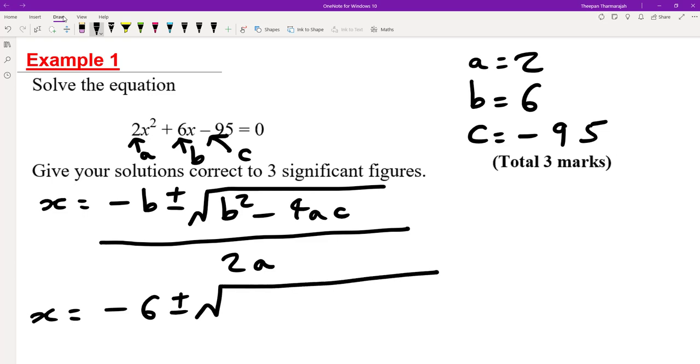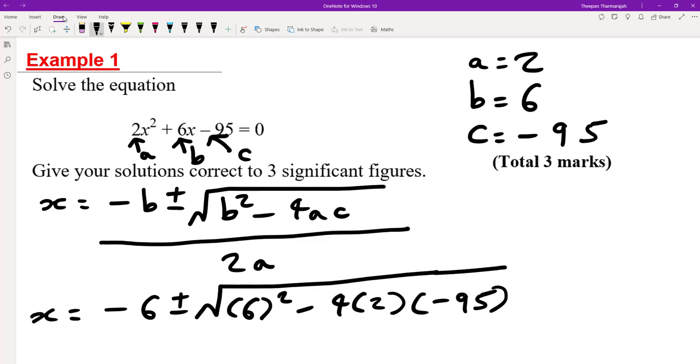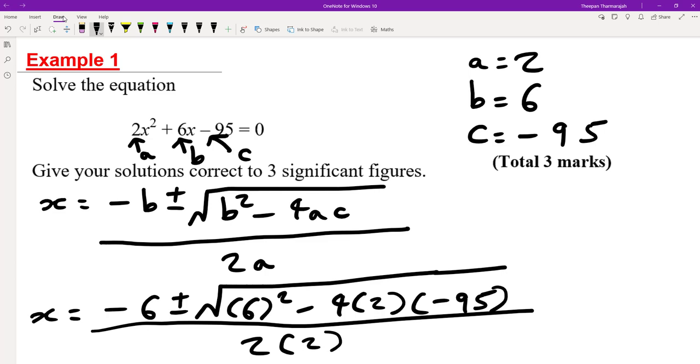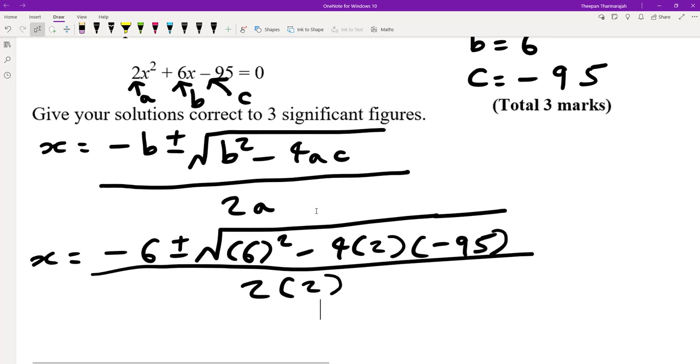Now remember, when you substitute, you must use brackets. 6 squared minus 4 times the value of a, which is 2, times the value of c, which is minus 95, all divided by 2 times 2.